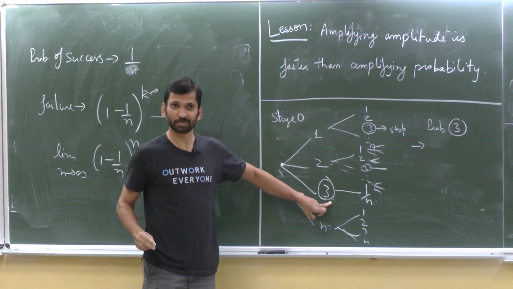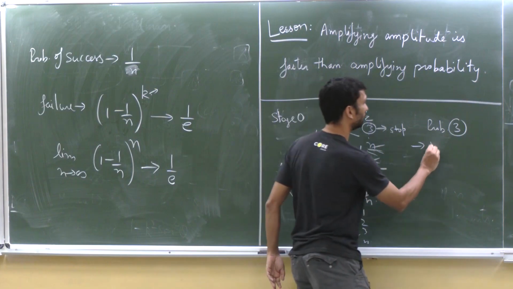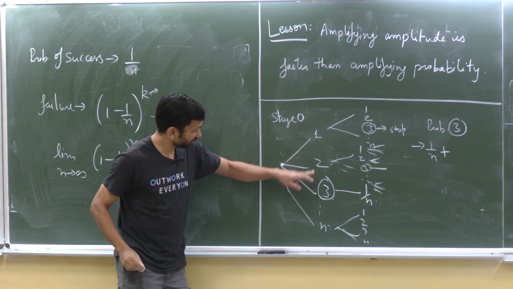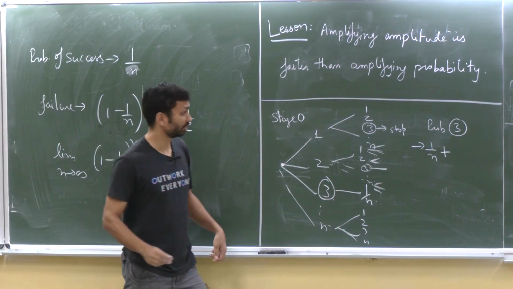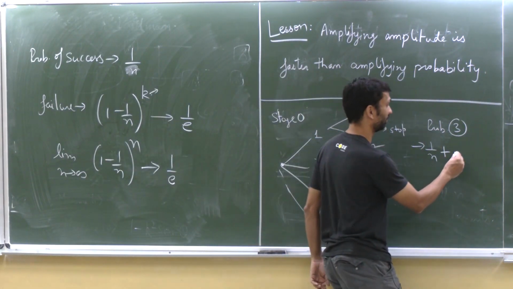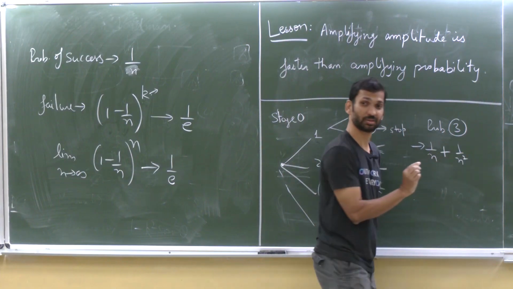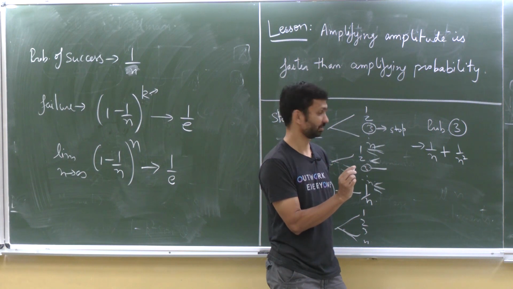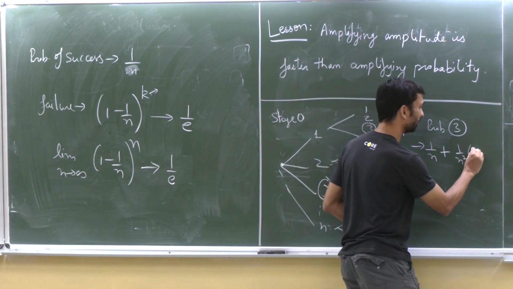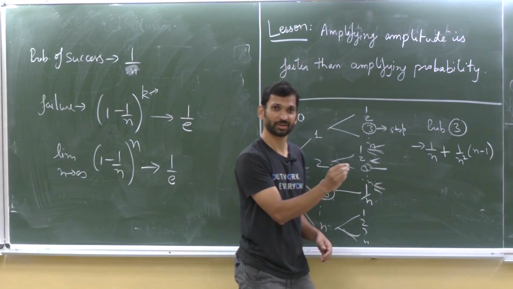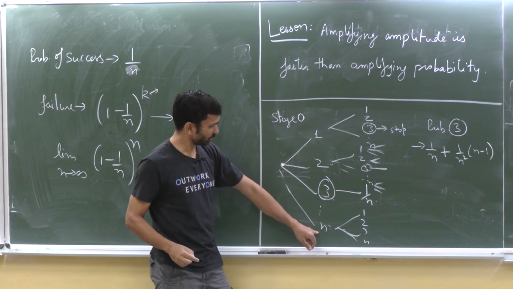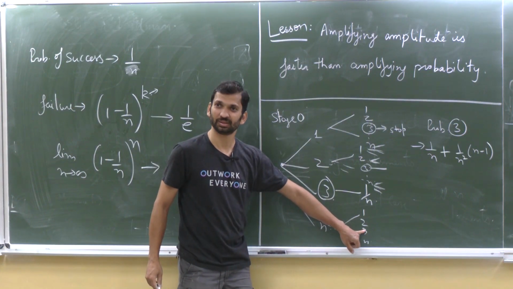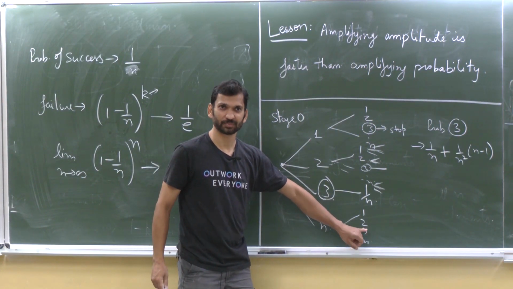I can get it in one step, or in n minus 1 cases, I can also get 3 in stage 2, correct?